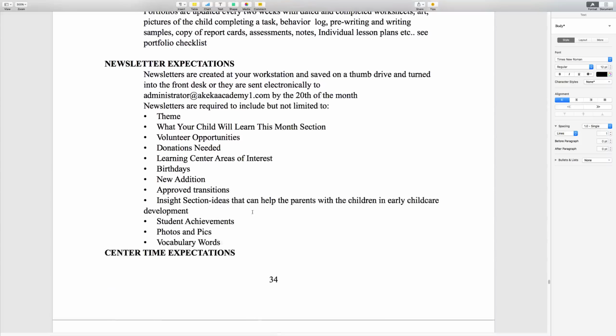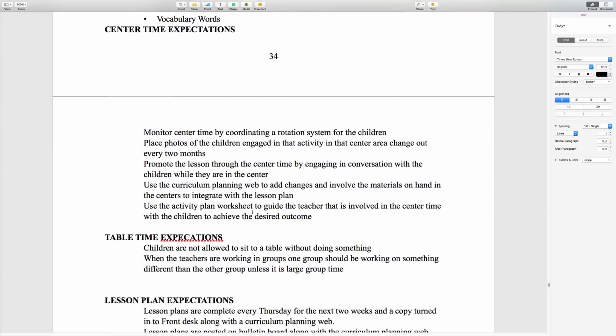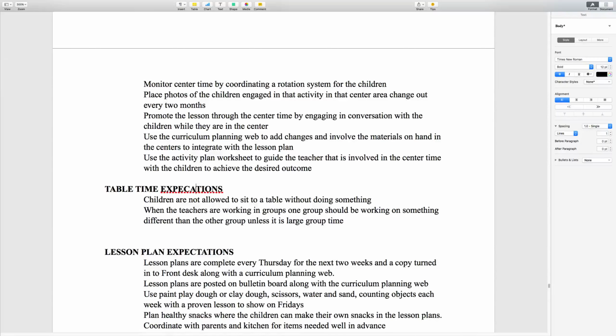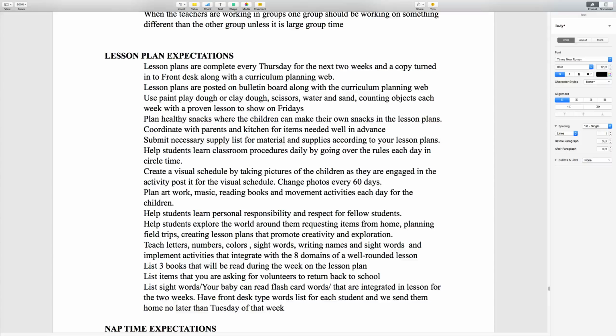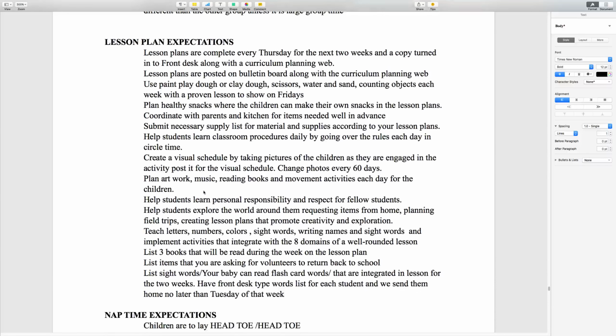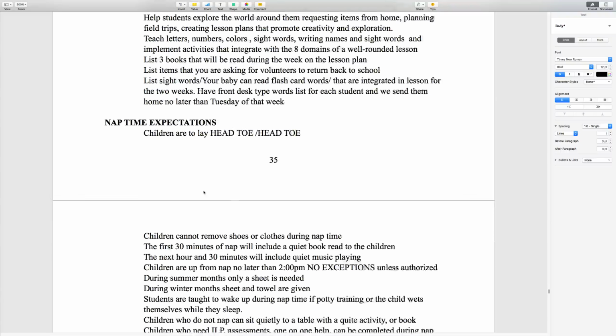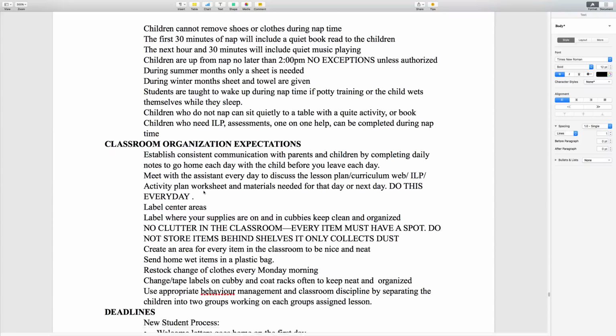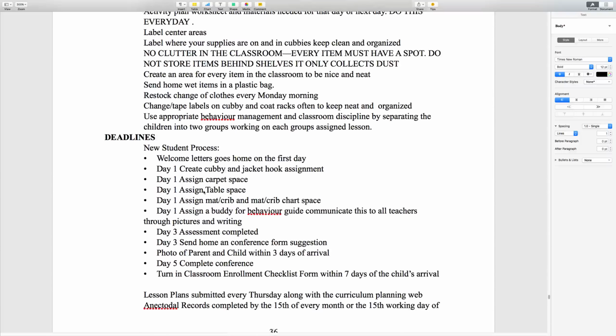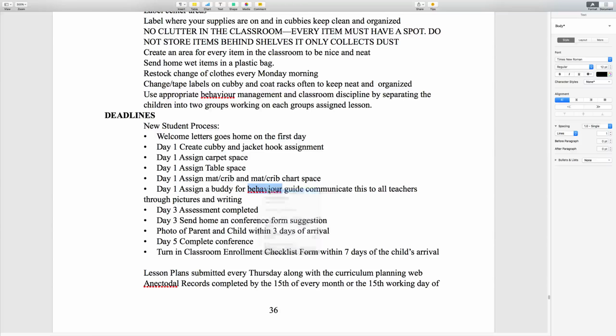what the newsletter expectations are, how they are to operate with the children at the centers, what happens when the children sit to the tables, what happens when they get ready to turn in their lesson plans, how to lay the children down head, toe, how to organize your classrooms, whatever deadlines you have for them to be able to turn items in.